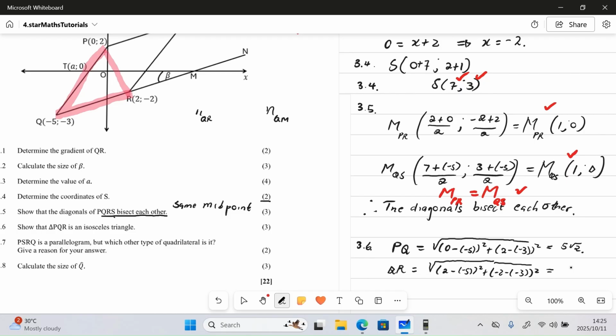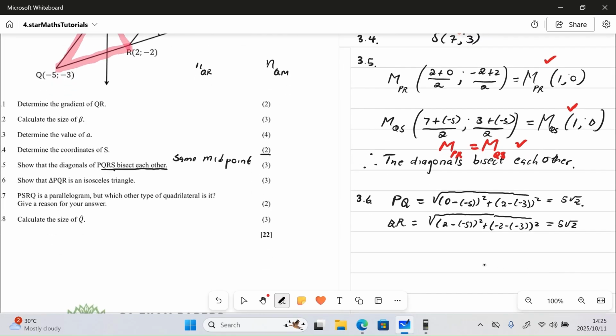Then when we press our calculator, we get 5 root of 2. Then the last one, do we get 5 root of 2? Is it QR? Yes.